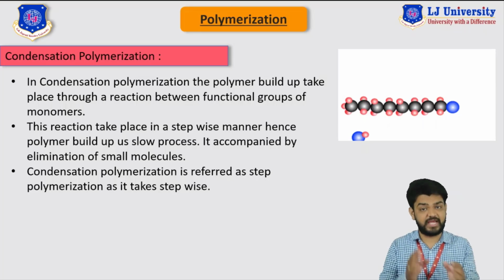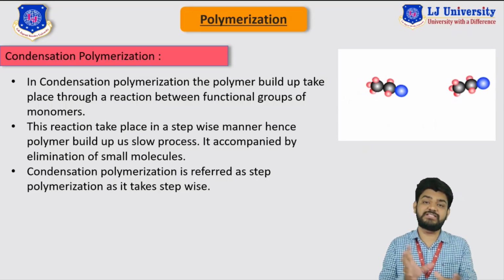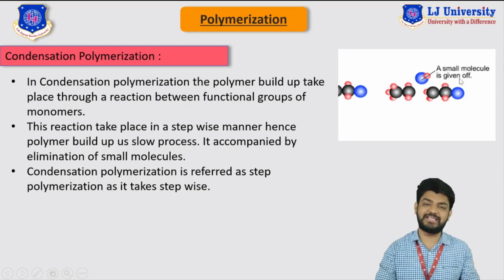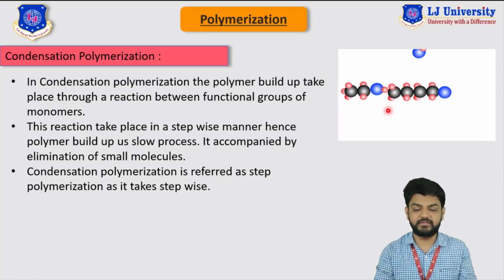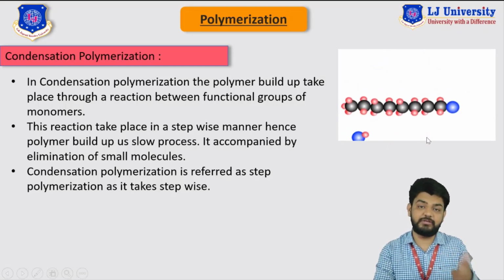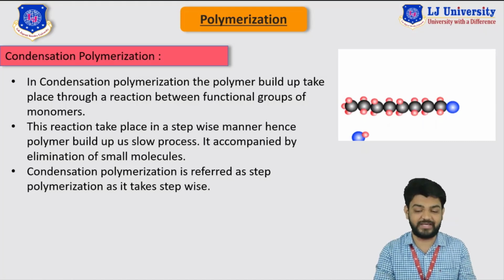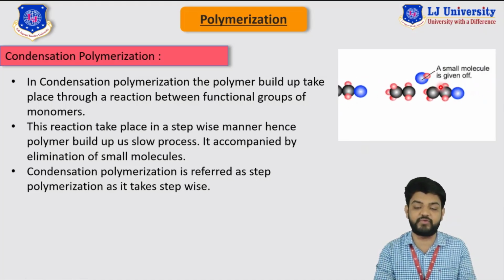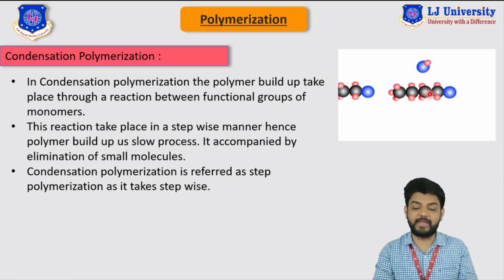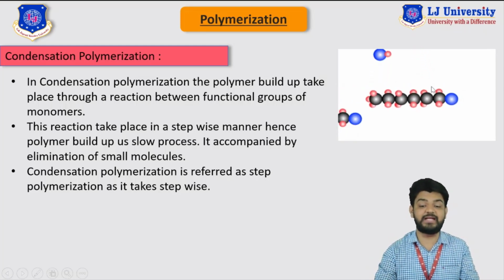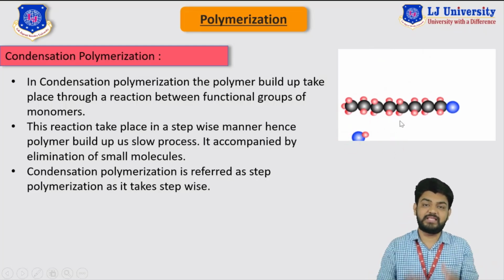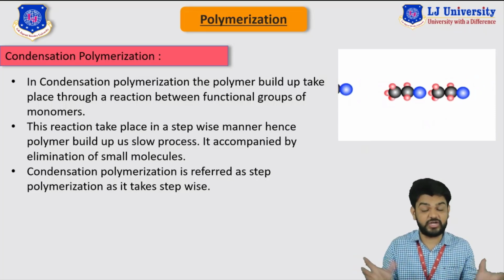Here in this animation, you can see the actual meaning of condensation polymerization. This is the polycondensation polymer. How does it take place? You can see that these are two different monomers of different functional groups, and they combine together, or we can say condense together, and liberate a small molecule to the outer part, and they ultimately produce a long chain of polymer.